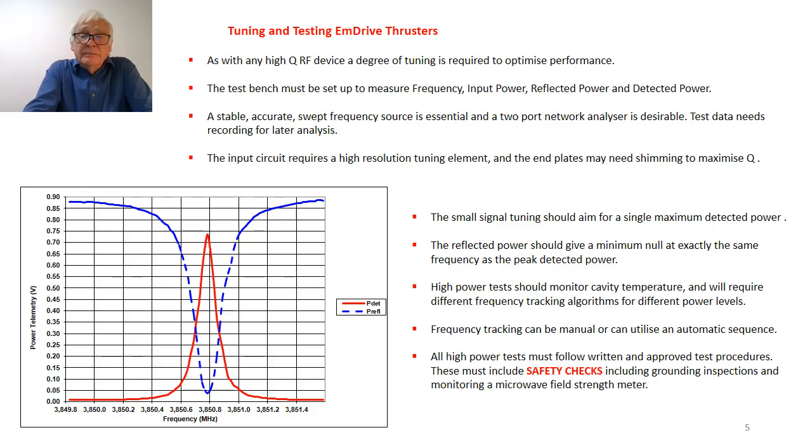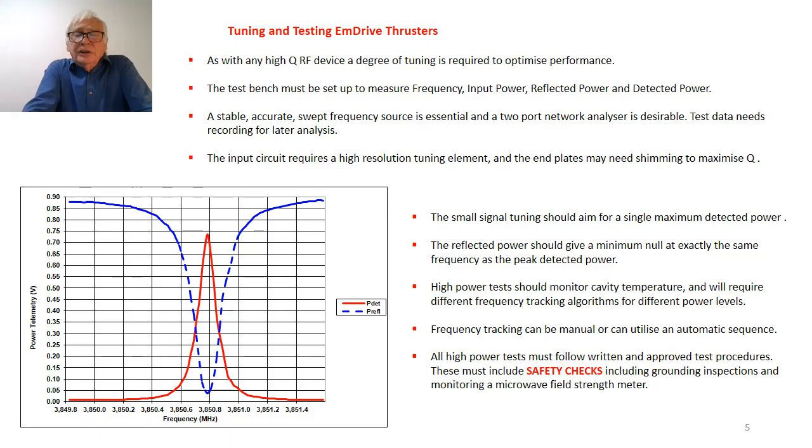Now, at this point, I must mention the fact that before you start to carry out high power testing, you must have prepared written procedures. You must follow these procedures.